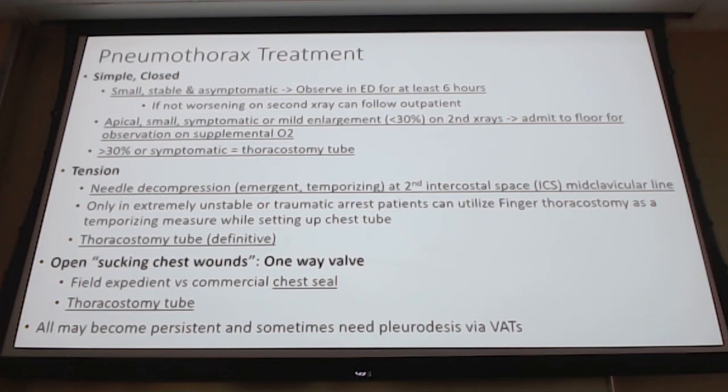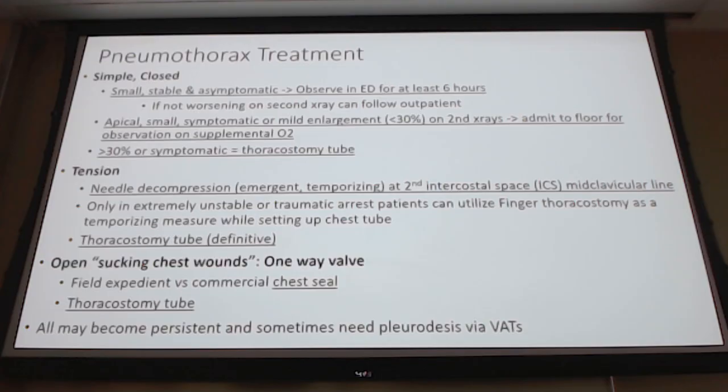All right, for treatment, it depends on what type it is. Okay, if it is simple, they are small, stable, and asymptomatic, we observe them in the ED for about 6 hours. We take another x-ray. If there's no change, we can send them home with decent follow-up.